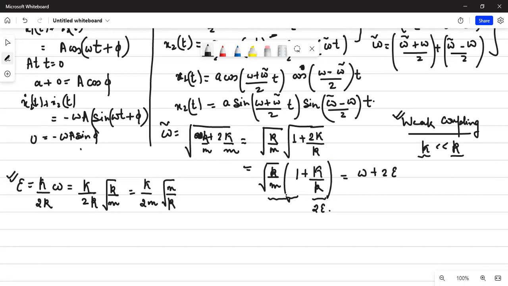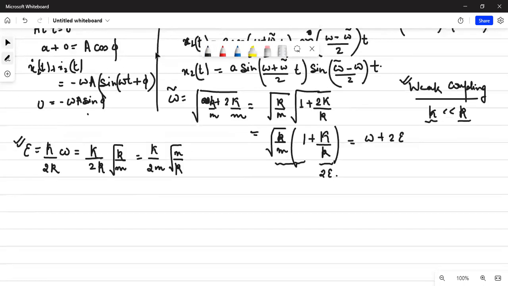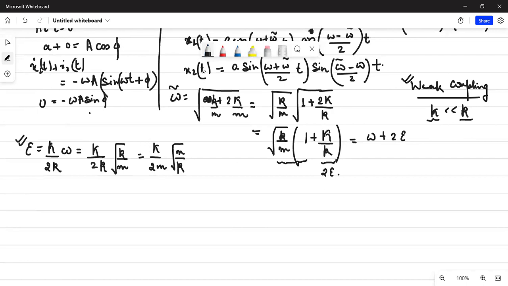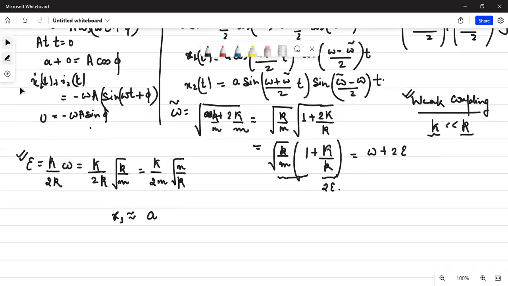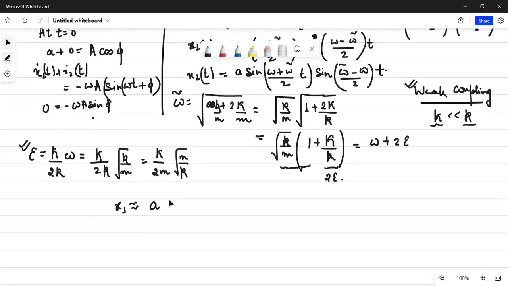But what it will do, in this particular approximation, your approximated solutions for the displacement would become this. So x1 as a function of time would become cos of (omega plus epsilon) t, and then the other term would be cos epsilon t.